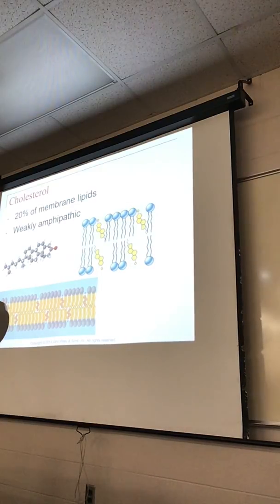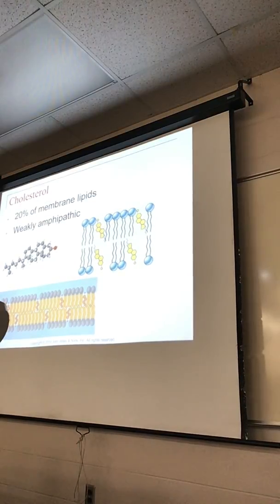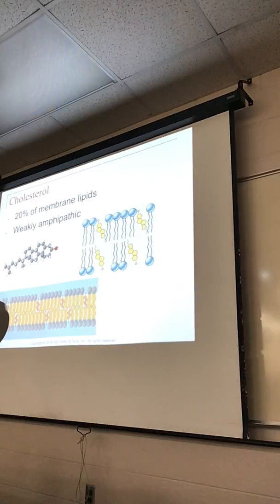So therefore, it's going to be weakly amphipathic. It's not as amphipathic, with polar and non-polar parts, as a phospholipid, but it does have this tiny OH group that can connect with the phosphate heads here. And then these non-polar steroid rings can fit very easily between the kinks in our phospholipid tail.